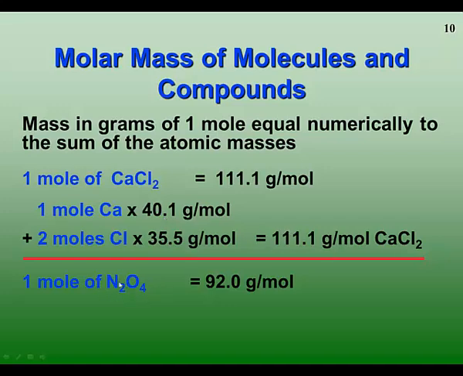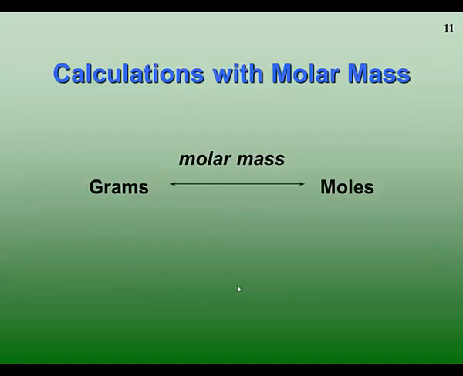If I was doing N2O4, 2 times 14 plus 4 times 16, 92.0 grams per mole. You're always rounding to the tenth place, and therefore your final answer should also be to the tenth place. So even if you get 92, add the 0.0, so we're sure that you kept track of those good old significant figures.